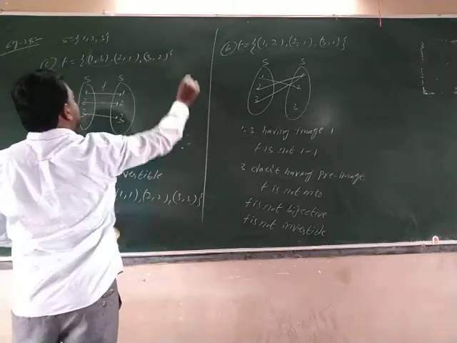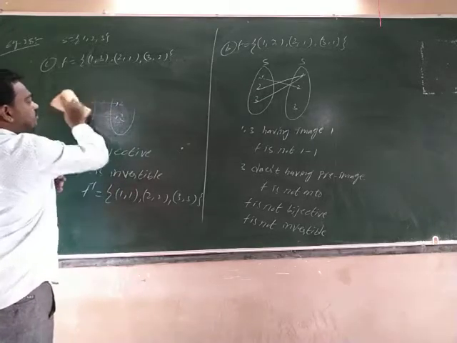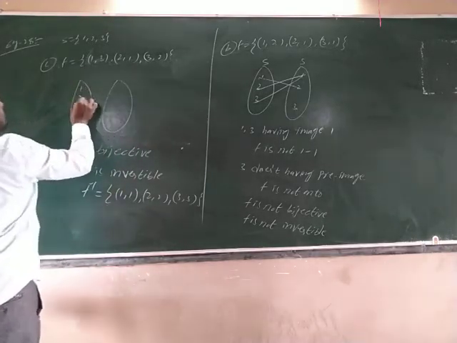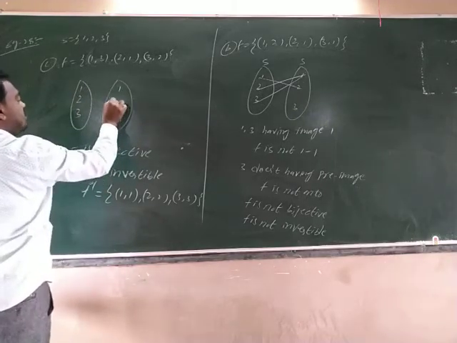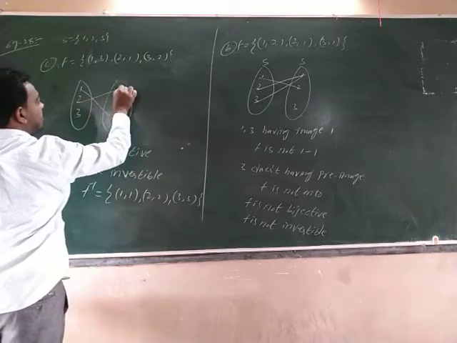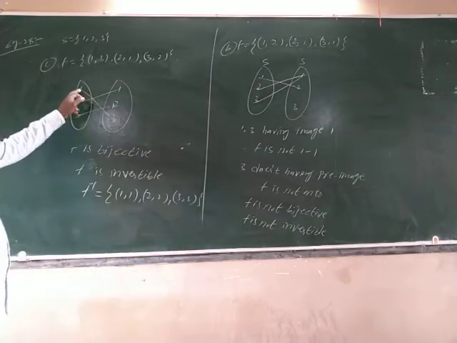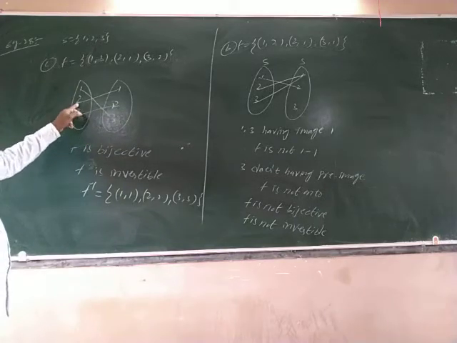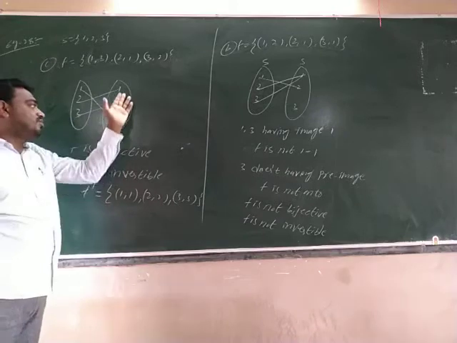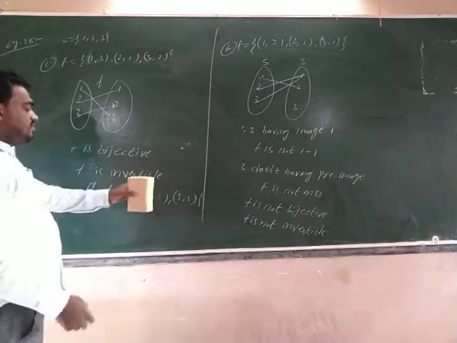Okay, you see here in the diagram, 1 is related to 3, 2 related to 1, 3 related to 2. You see every element has a unique image. The image of 1 is 3, of 2 is 1, of 3 is 2. And every element in the codomain has a preimage. So f is bijective. Therefore f is invertible.